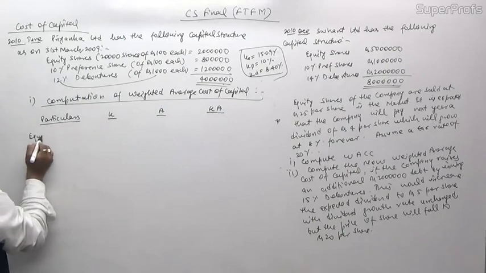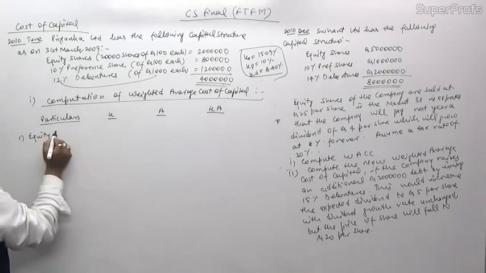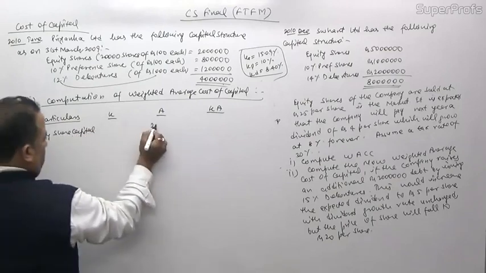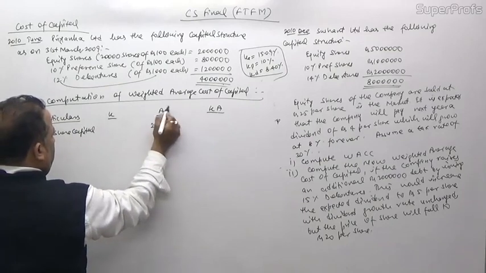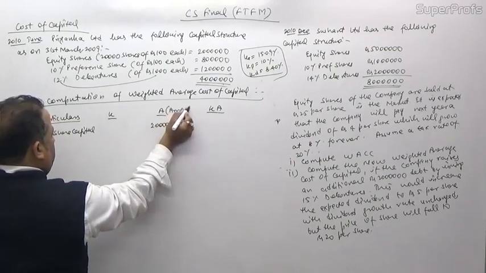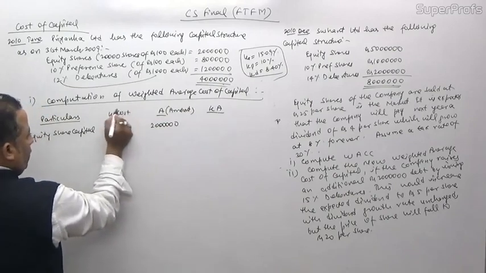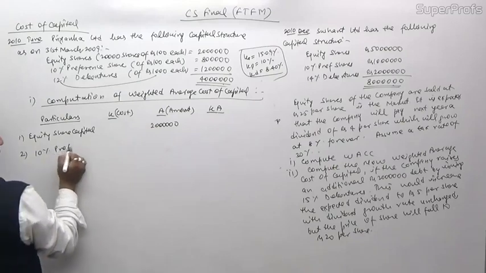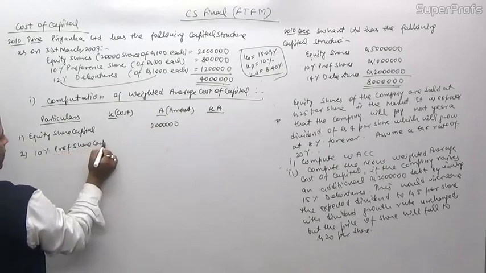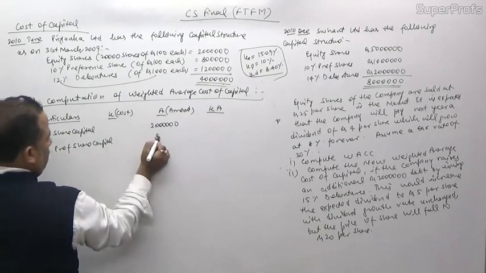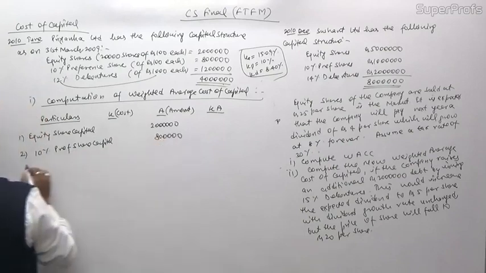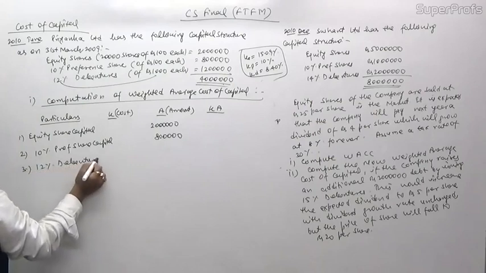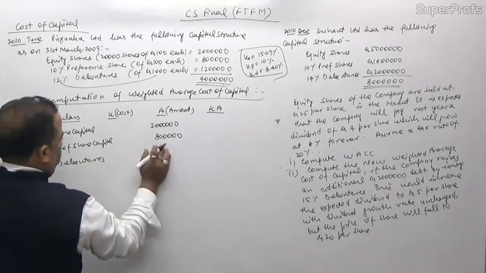Particulars: the first component is equity share capital. A stands for amount, K stands for cost. The second component is 10% preference share capital of rupees 8 lakh. The third component is 12% debentures of rupees 12 lakh.